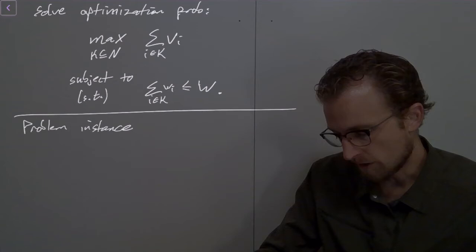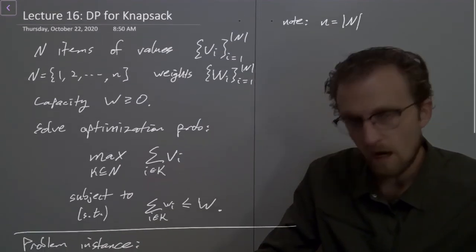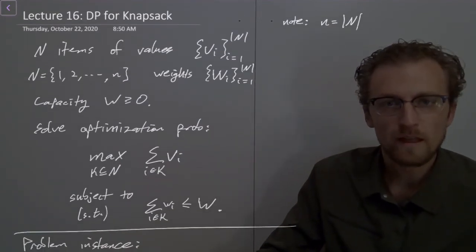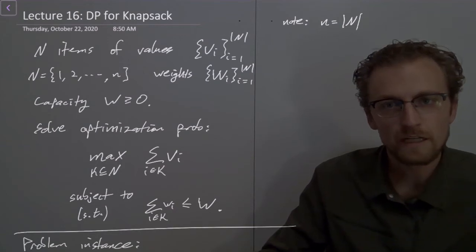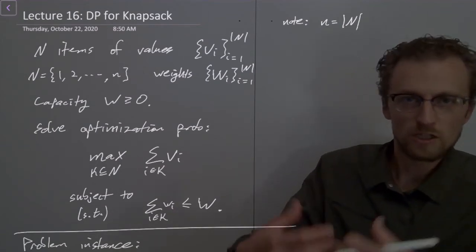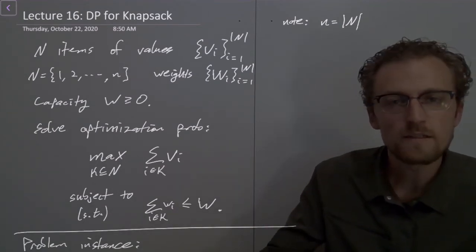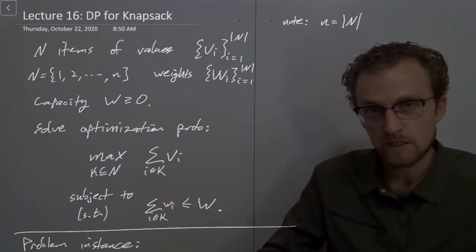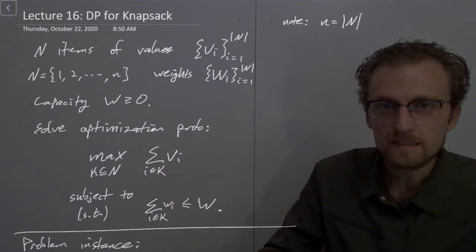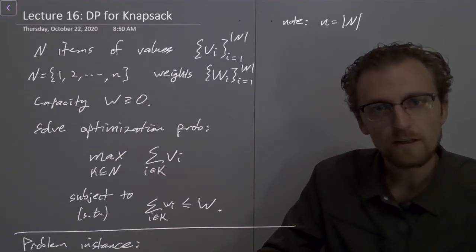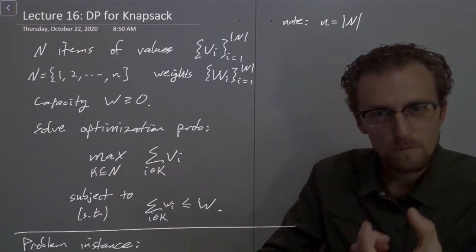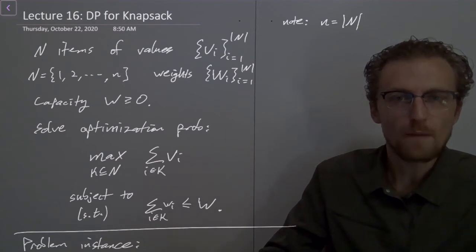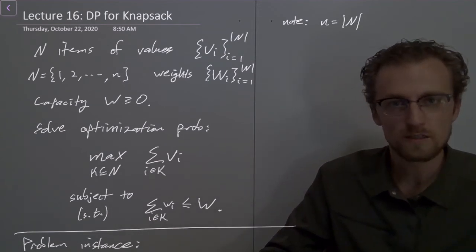Just a bit of language. Above that white line is the problem. I'm saying here is the general statement of what instances of this problem look like. But now when I plug numbers in for all of these things, I generate a problem instance, a specific chunk or object associated with this overall problem.